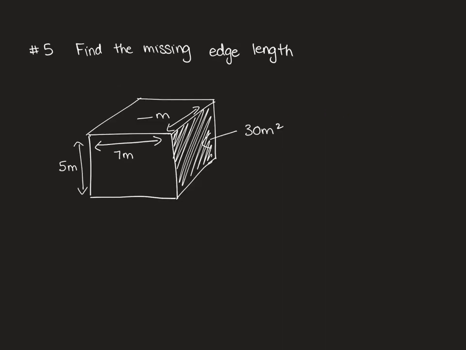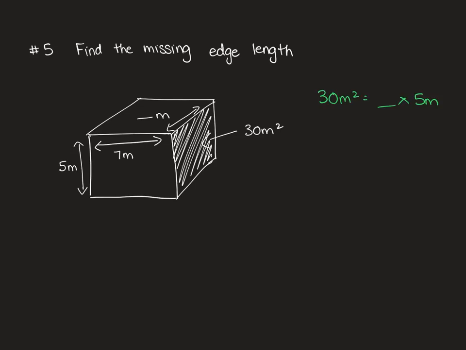Question 5 asks you to find the missing edge length. So they have told us that this length is 5, this is 7, we need to figure out this depth here, but they've told us the whole area of this side is 30 meters squared. So what could our first step be?